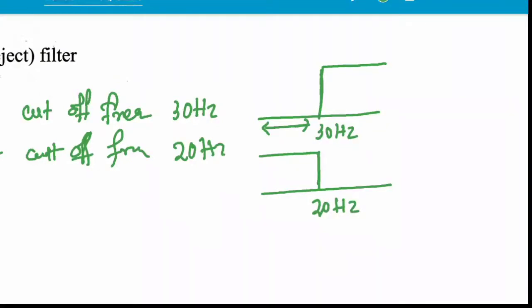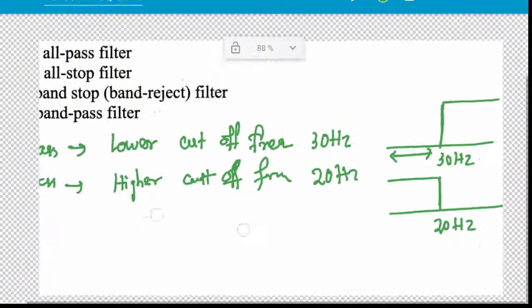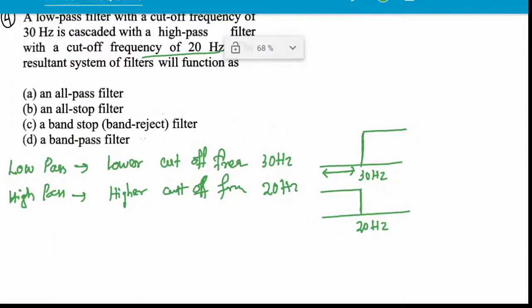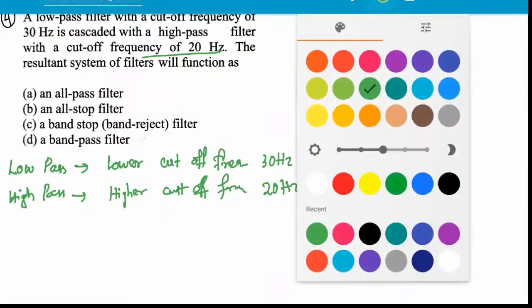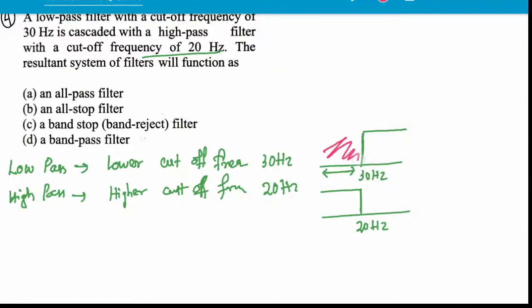So first, the low pass filter will allow signals up to 30 Hz. In the case of the high pass filter, it will block signals up to 20 Hz and allow signals above 20 Hz.